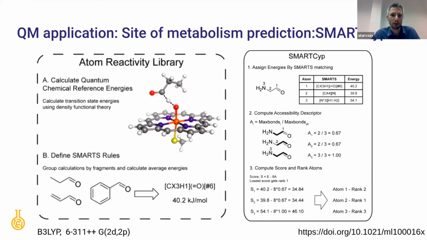Another application of QM methods that I want to cite here is the site of metabolism prediction, the SMARTCyp algorithm, where the group calculated QM energies for transition states and from the starting state, and from that the difference, the activation energy or barrier, was calculated, again with small organic compounds and the porphyrin ring that's activated, that's the compound one state of it, and from that derived these activation energies that are associated with these substructures of larger ligands.